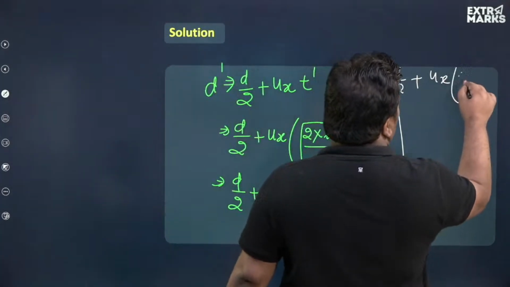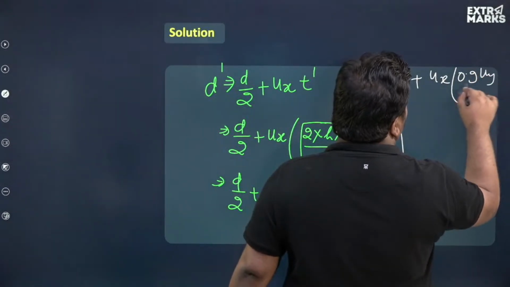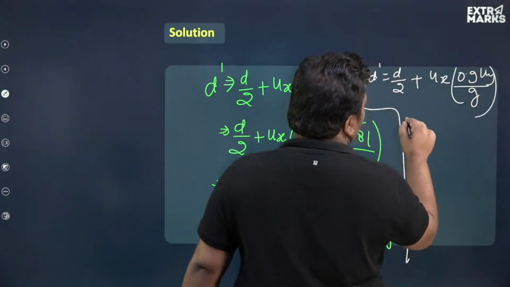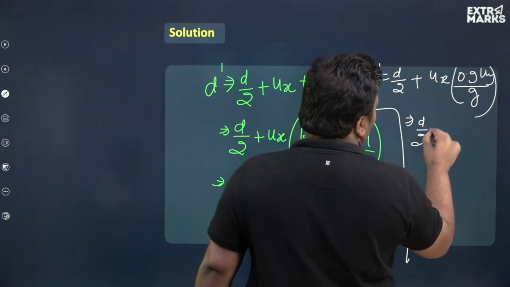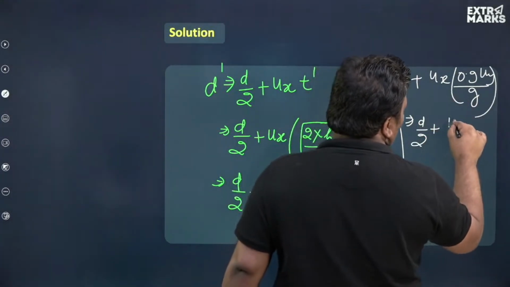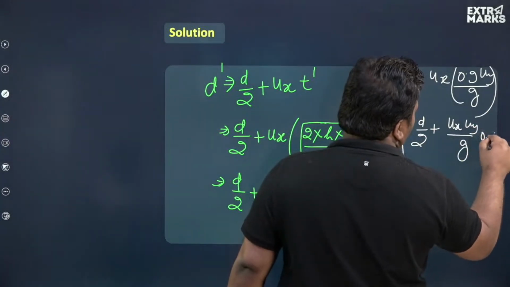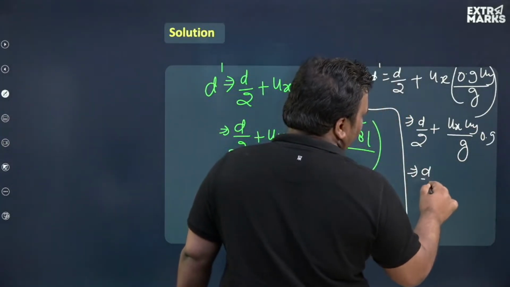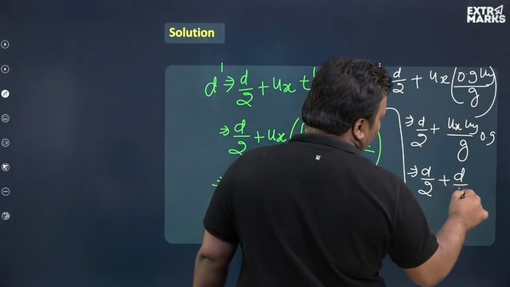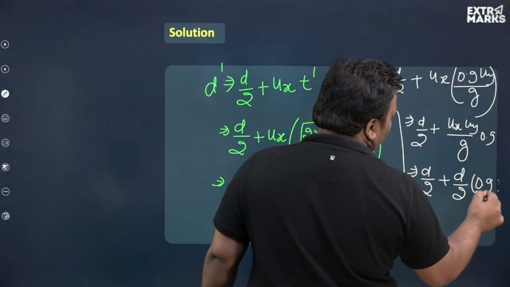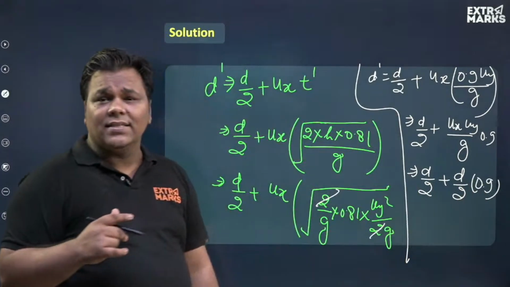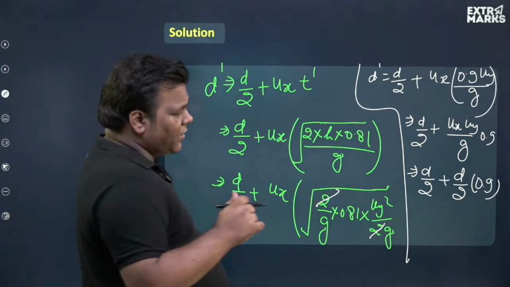So, it will be 0.9 uy divided by g. That means d by 2 plus ux uy divided by g multiplied by 0.9. That means d by 2, and guys, I don't need to tell you, it is again 0.9.